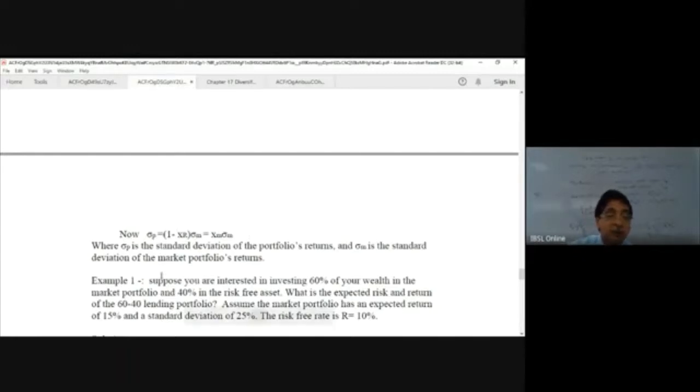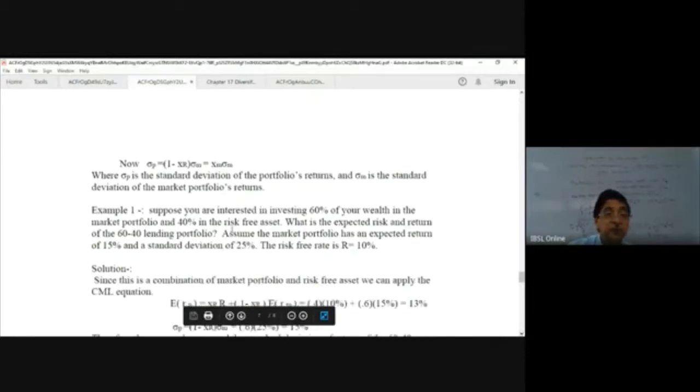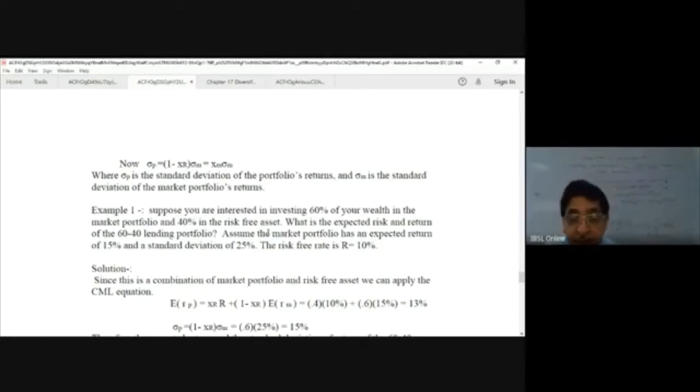Right. Now we will go to the example. Suppose you are interested in investing 60% of your wealth in the market portfolio and 40% in the risk-free asset. Can you see the screen? Yes, sir.